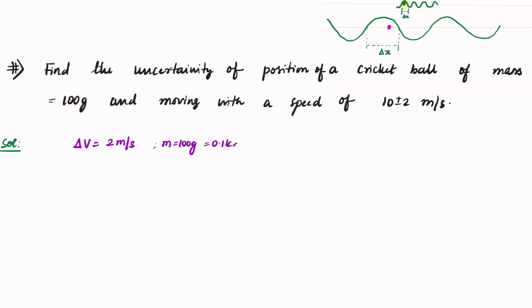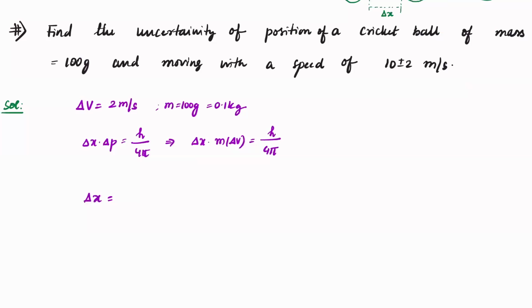So delta x times delta p is equal to h by 4 pi, which implies delta x times m times delta v is equal to h by 4 pi. Correct? I'm trying to figure out the uncertainty in the position of the cricket ball. So that is h by 4 pi m delta v.